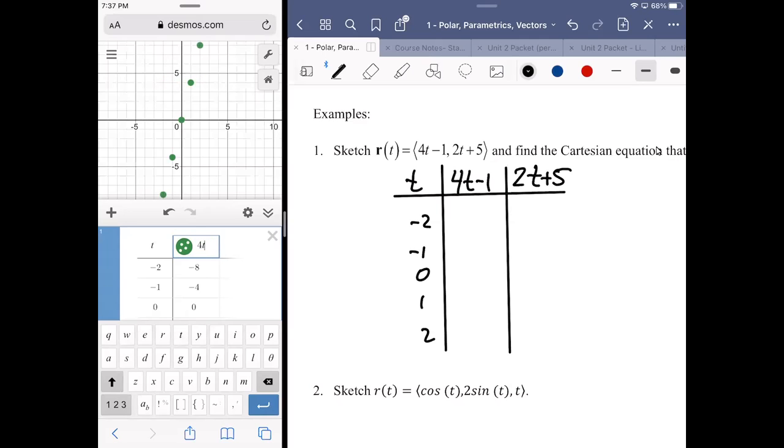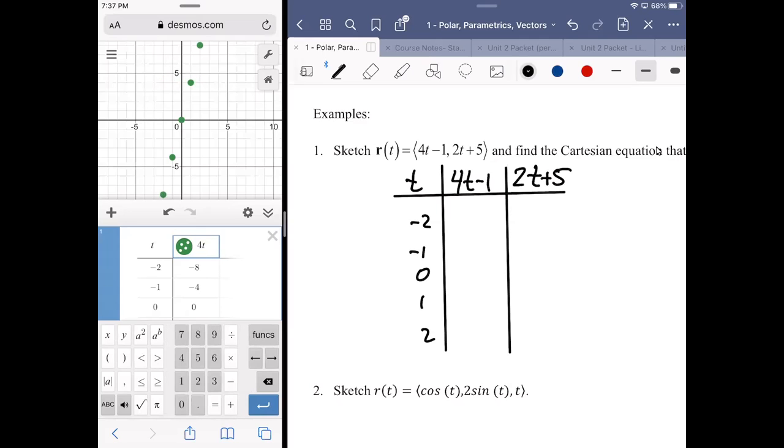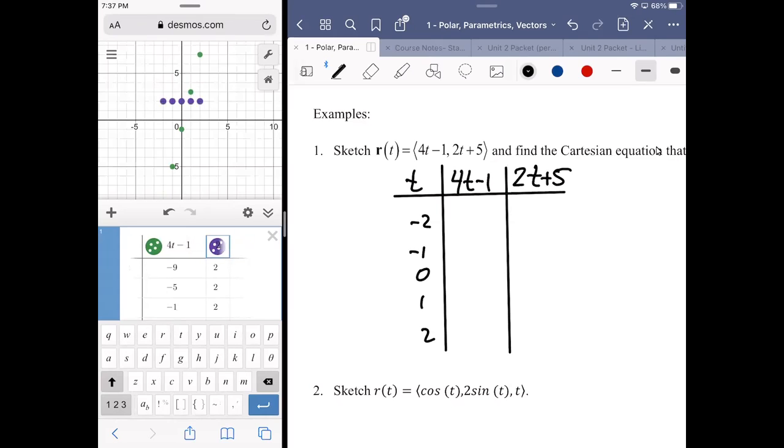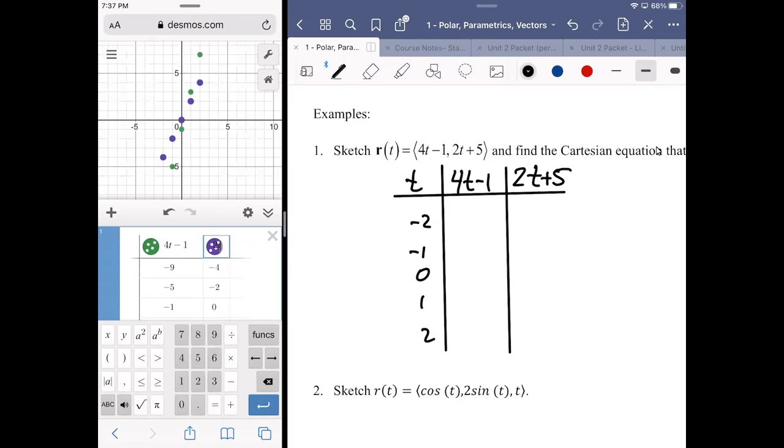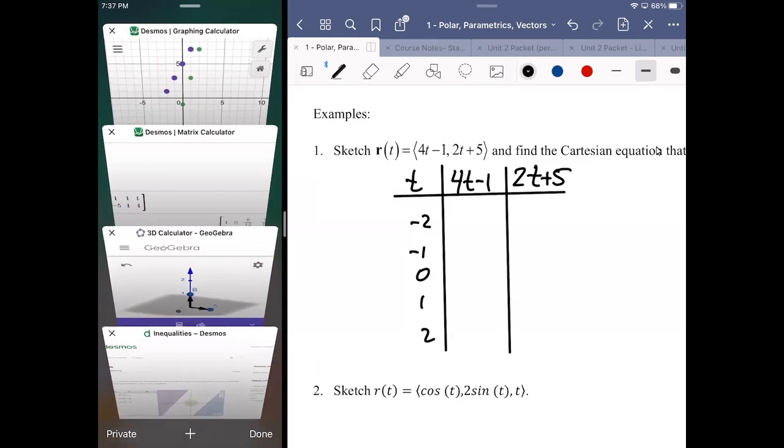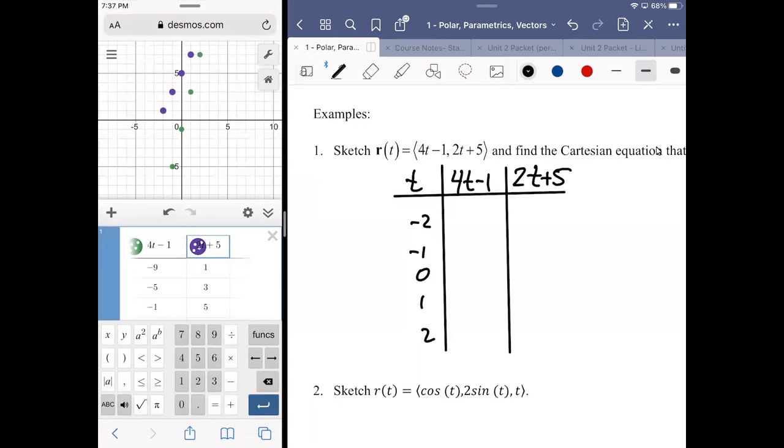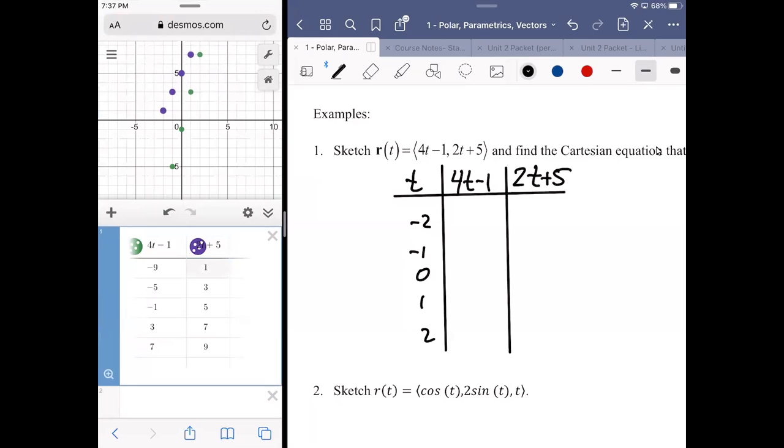Make this 4t minus 1. And it runs the calculations for me, and then 2t plus 5. And so we have this set of ordered pairs here. I can just jot them down.